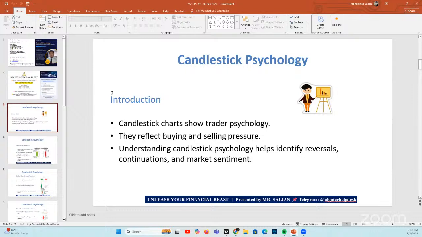So the more green candles means this is a bullish trend, more red candles, it's a bearish trend. All right. So understanding candlestick psychology helps identify reversals, continuation, and market sentiment. All right. Very easy. Very easy.